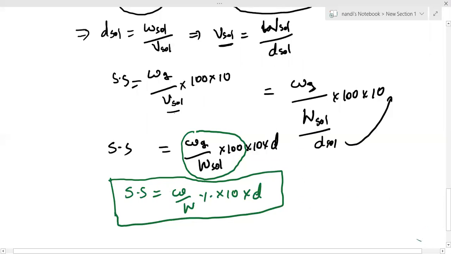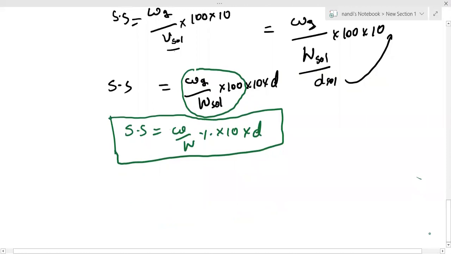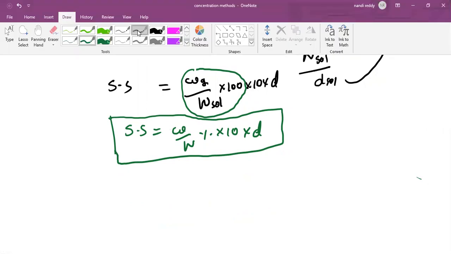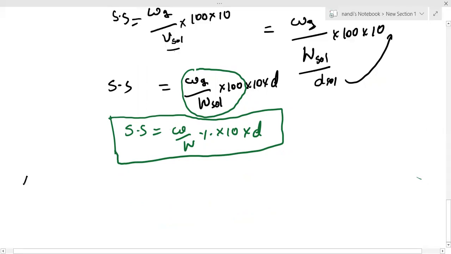Now we can write molarity, another concentration method. Mostly we use molarity in the laboratory and practicals; in every case, molarity is the general concentration method. Capital M is the symbol.